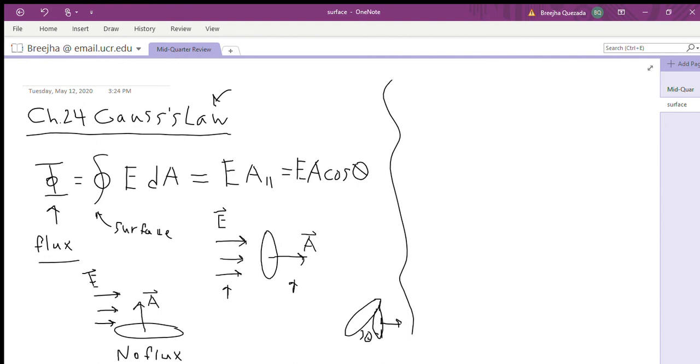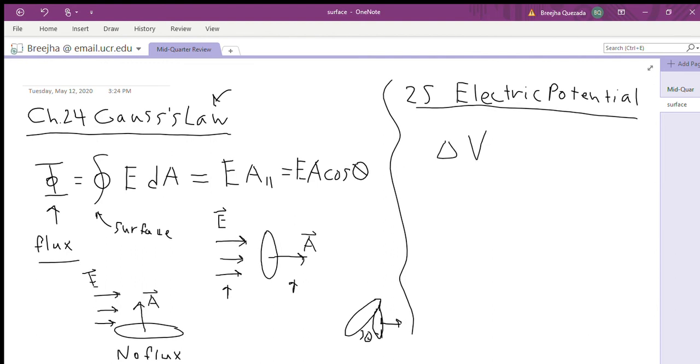After that, we had electric potential, chapter 25. The most fundamental equation to look at potential is the change in the E field as you move along space, so it's E ds, with an interval from s_i to s_f, and s is just some distance.